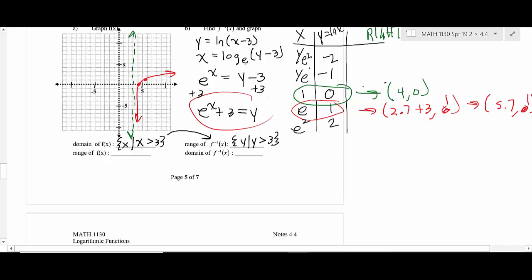Okay, and that's on that inverse, e to the x plus 3, everything moved up 3. So those things are always the same. Okay, the range is all real numbers. The range of a logarithm is always all real numbers. So this would be set of y such that y is a real number, and then the domain of the inverse would be the same thing. So you would have set of x such that x is a real number.